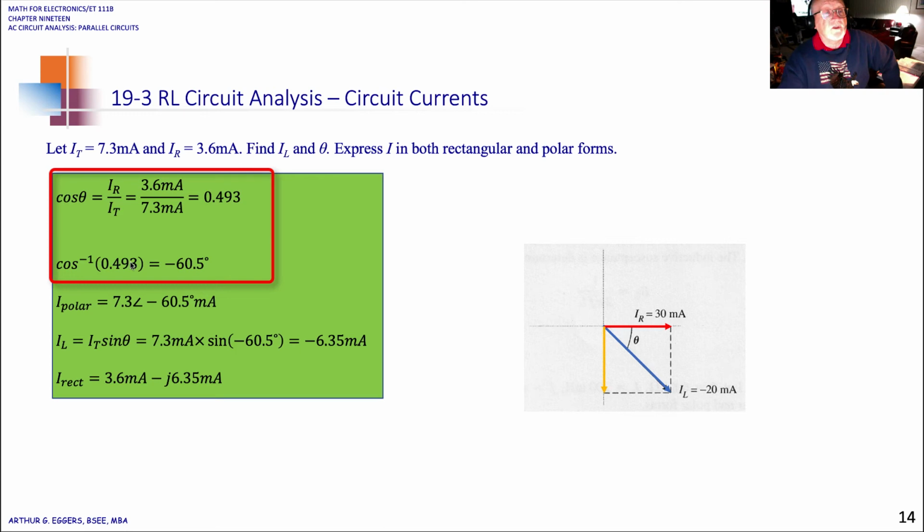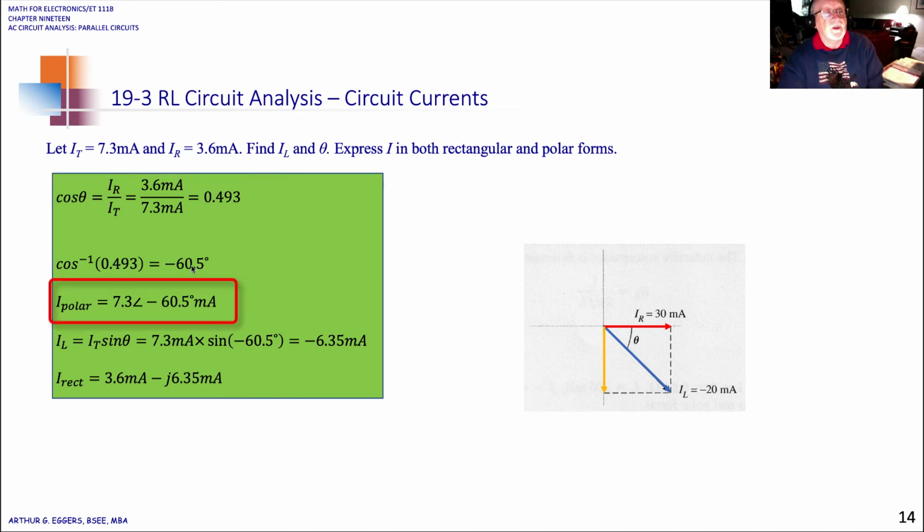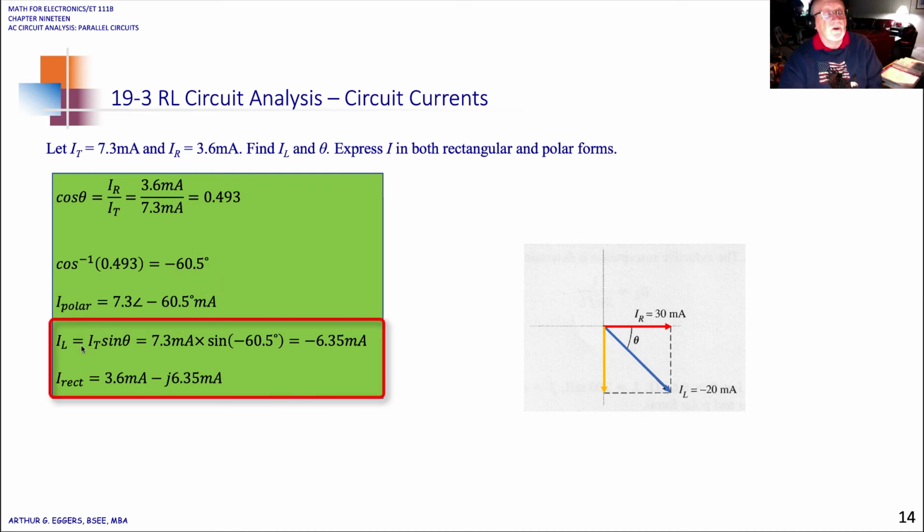We take the inverse cosine of 0.493, from which we get minus 60.5 degrees as our phase angle. From that, we're able to put together the polar current: 7.3 is our total, given to us up here, at an angle of minus 60.5 degrees, which is our phase angle.